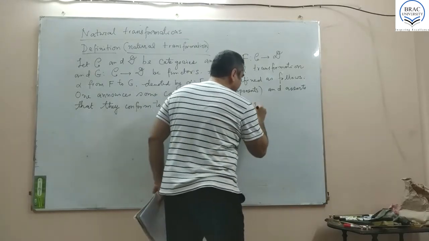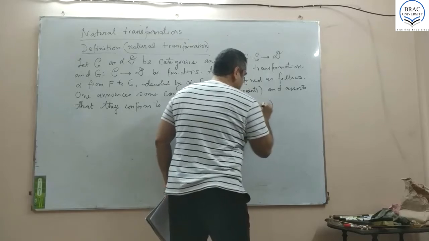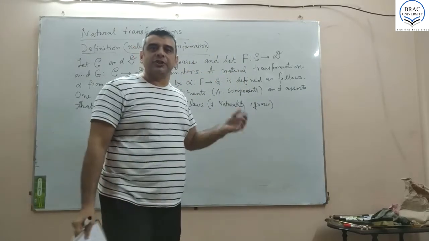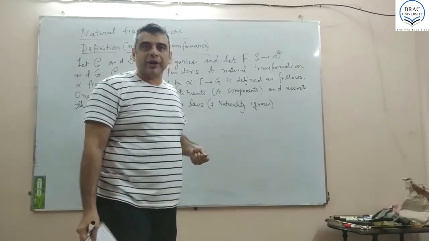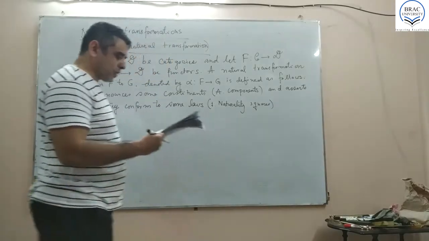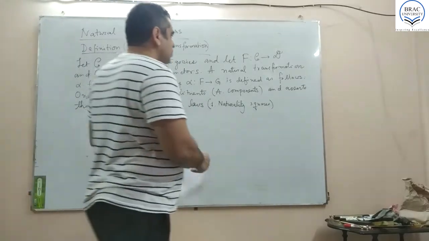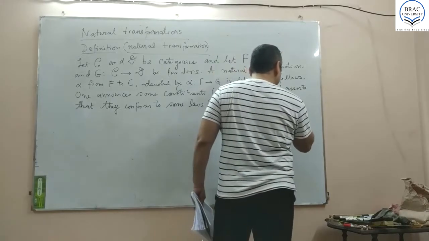So these are just commutative squares, okay? Naturality squares.